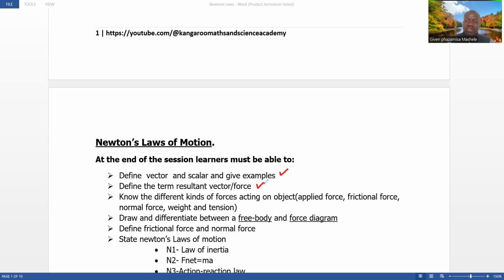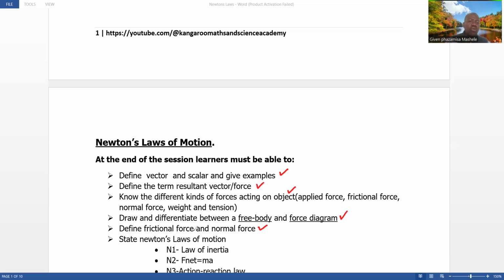Right, again, you need to be able to know the different kinds of forces that are acting on an object. And also, we are going to go through what is the difference between a free body diagram and a force diagram. And also, one must be able to define what is a frictional force and what is a normal force, and also give examples of frictional force.